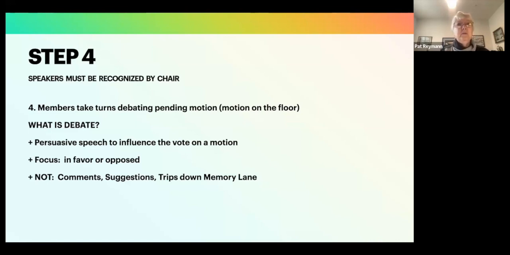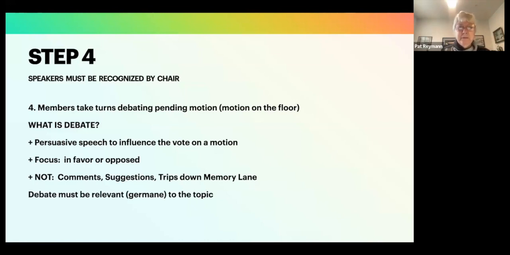We'll talk about what to do about a suggestion in a little bit here. But someone should not be debating by saying, why don't we do it this way instead? That's just a suggestion, and that is not part of the debate. And it's certainly not time for a trip down memory lane. Oh, yeah, I remember when we did that 20 years ago.